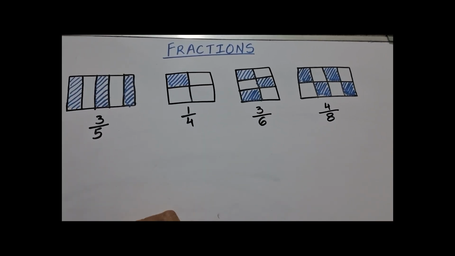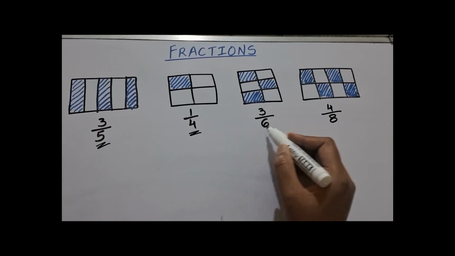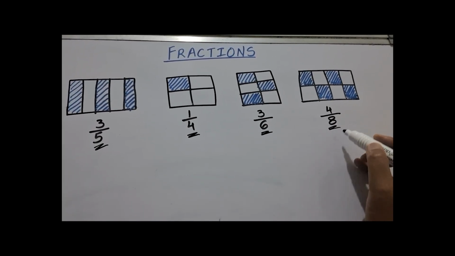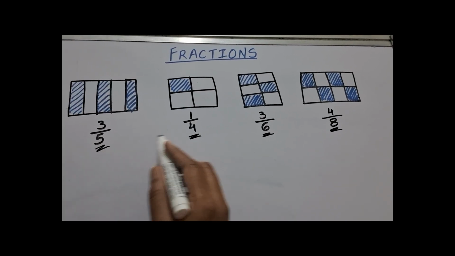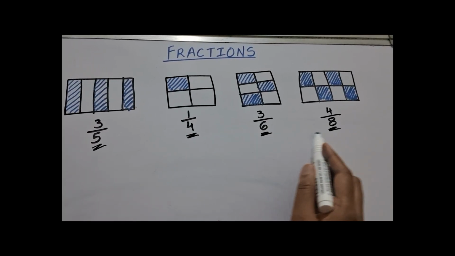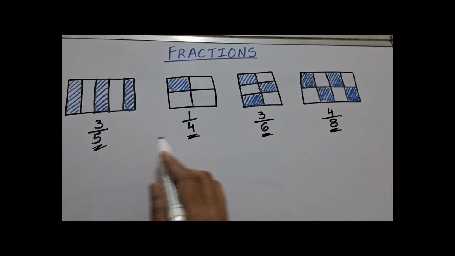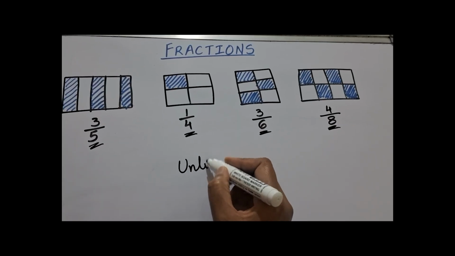Now we can observe, children, that here the denominators are different, isn't it? So whenever the denominators of any 2 or 3 or more fractions are different, those fractions are called unlike fractions.